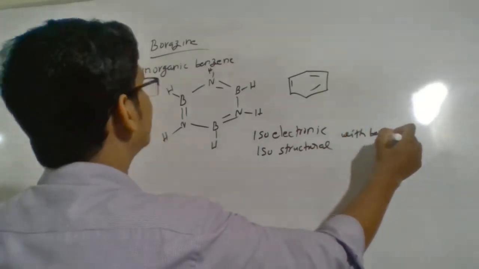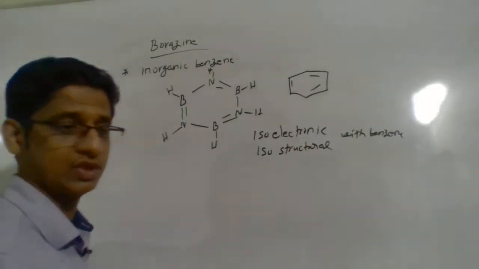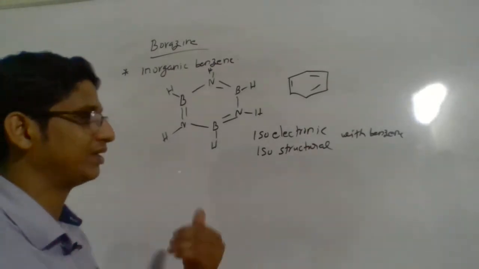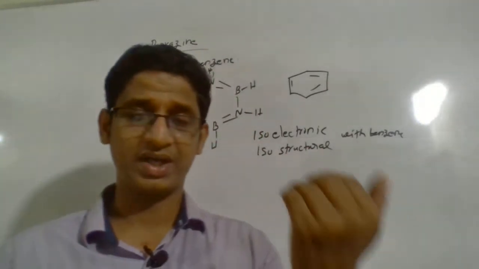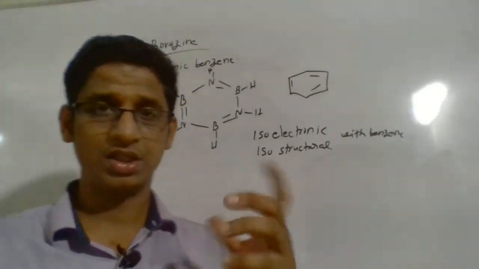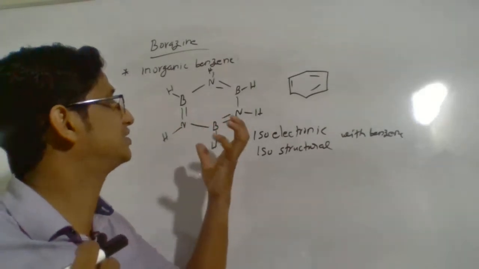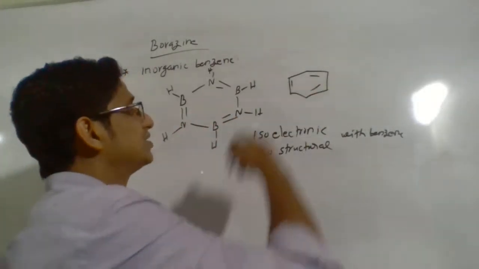That's why you call Borazine an inorganic benzene, because it's very much similar to benzene, but instead of carbon you see boron and nitrogen atoms. Alternating single and double bonds are also present, but the main difference is in the pi electrons.